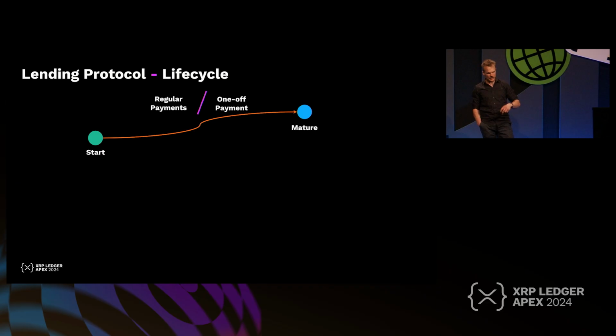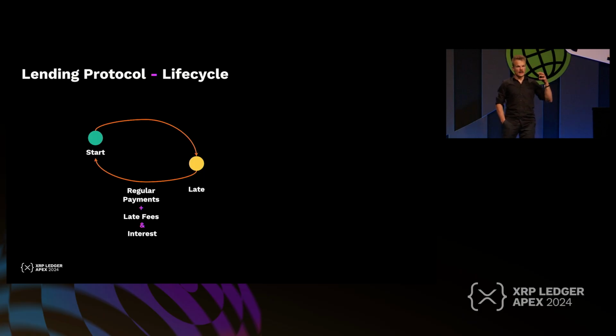Now, the less happy path is when the borrower begins missing the payment. So far, everything is okay. The borrower can make a late payment, which contains everything that was due up to the missed payment point, plus any additional accrued interest, and as always, late payment fees.